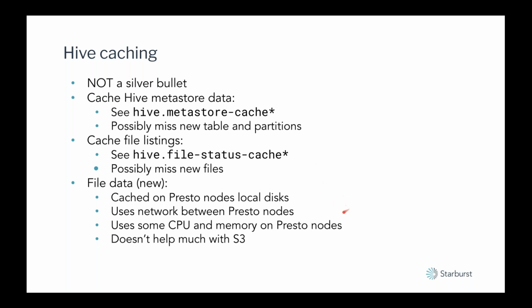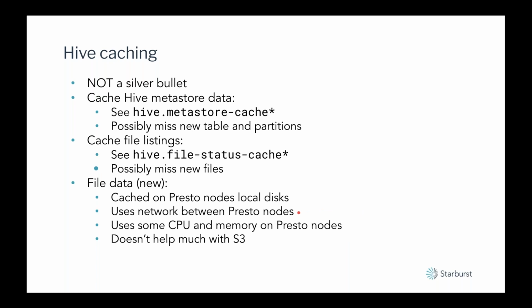We recently have added this file data caching. Be careful with it, it's new. It's not as tested as the previous 8 years that we worked with this stuff. It requires local disks on Presto, so don't cache to a network disk. I guess you can, but be aware it's going to take away from your network.